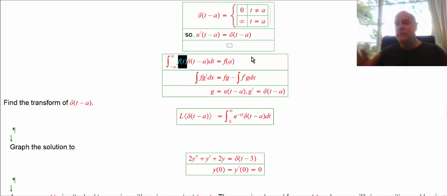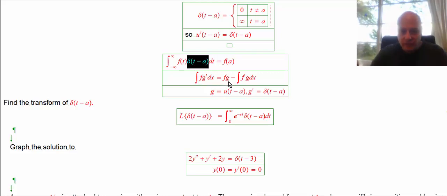There are a lot of different ways to do this. Probably the most elegant, the neatest way, is to just do integration by parts. So I've got integration by parts on it here. The f is in the f spot. The g prime is in the Dirac delta function spot. So if g prime is the Dirac delta function, then g is the Heaviside step function.